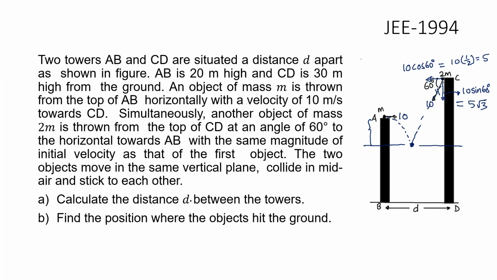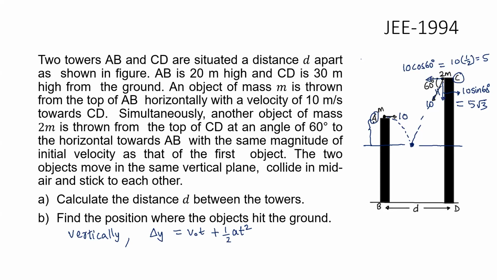Now, let's call this particle A and the other particle C. Vertically, we can use delta y is equal to V naught t plus half a t square. So we can find the time using this equation.